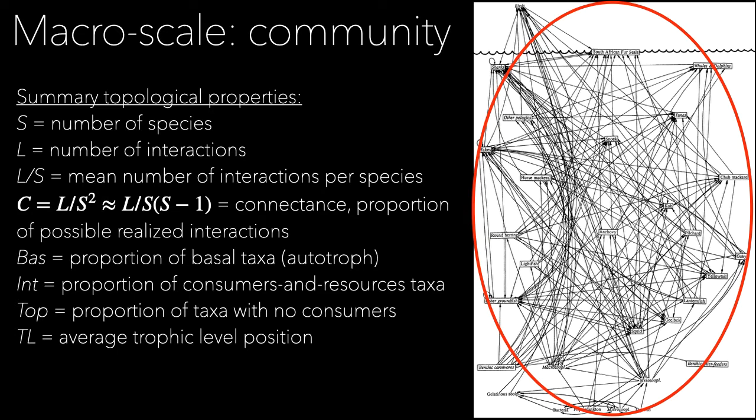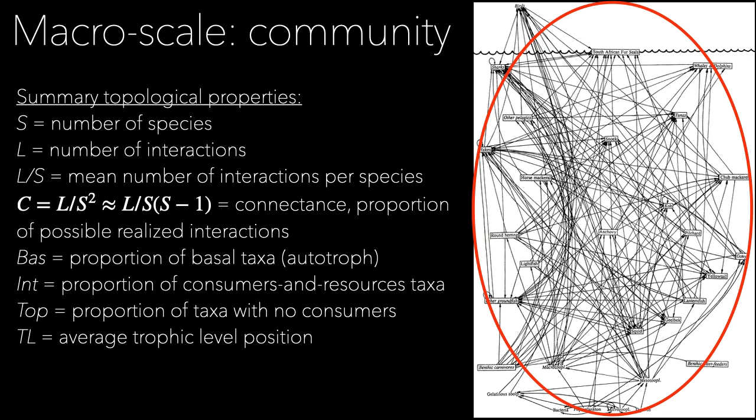Those are S, the number of species, which is the number of nodes, how many species are taking part in these food webs, and L, the number of interactions, the number of links, how many feeding interactions are taking place among those species.